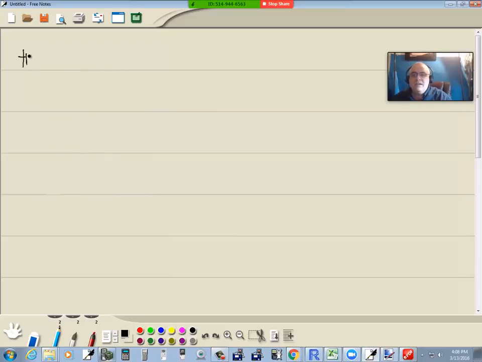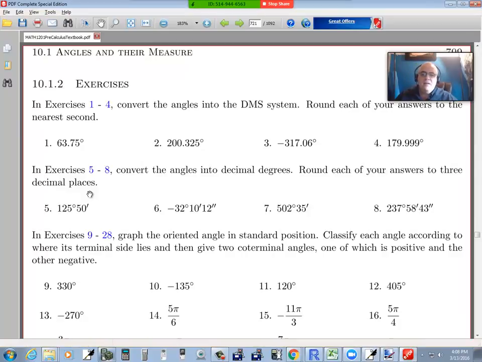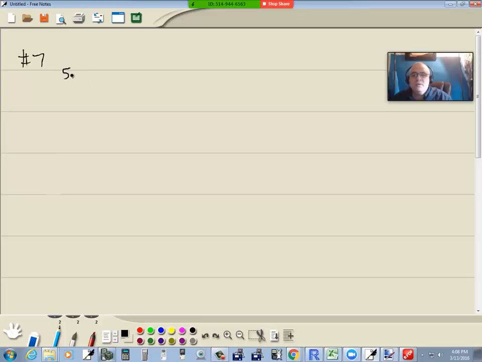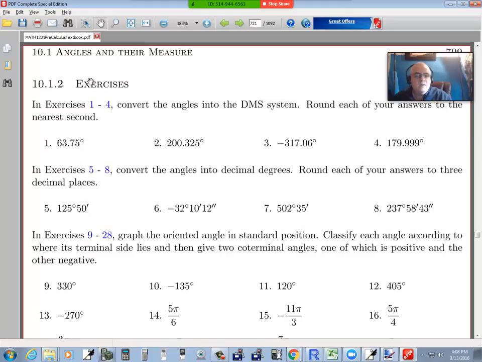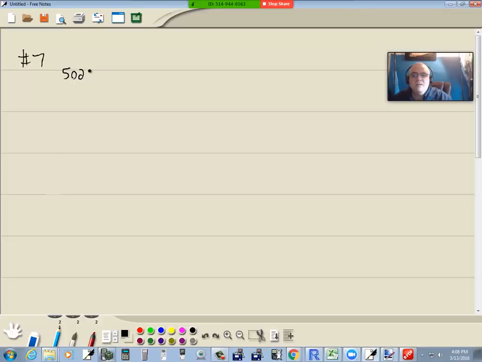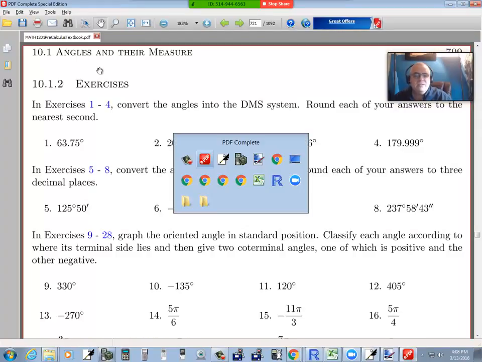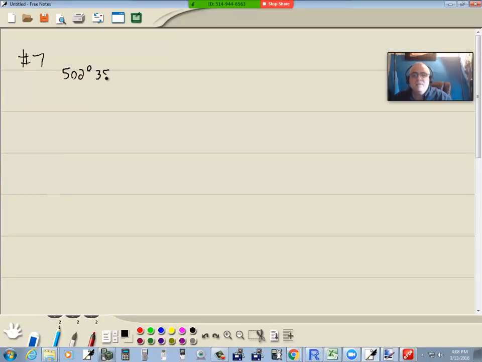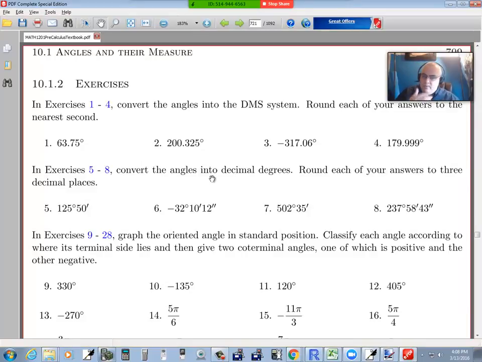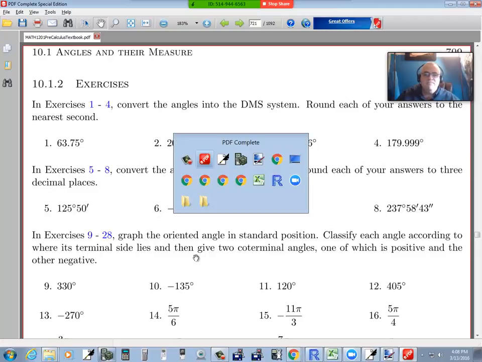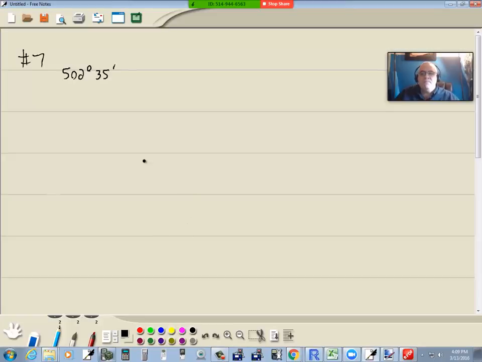Okay, number 7. We've got 502 degrees and 35 minutes. This one will convert the angle to decimal degrees, rounding each answer to 3 decimal places. This is equivalent to 502 degrees plus 35 minutes.